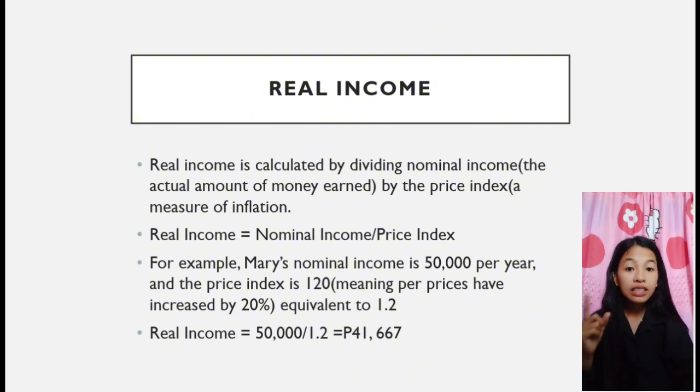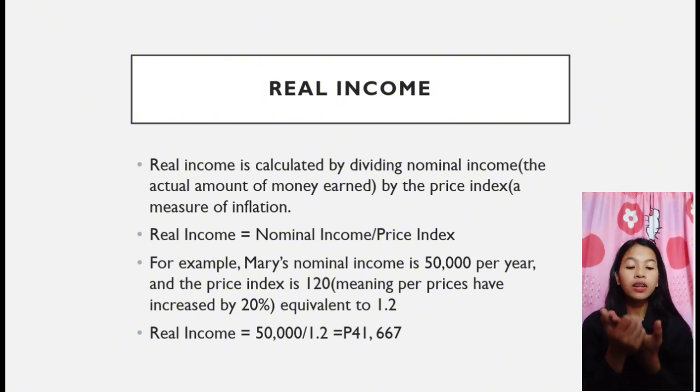So again, real income is calculated by dividing the nominal income, the actual amount of money earned, by the price index, or the measure of inflation. In other words, real income equals nominal income divided by the price index.